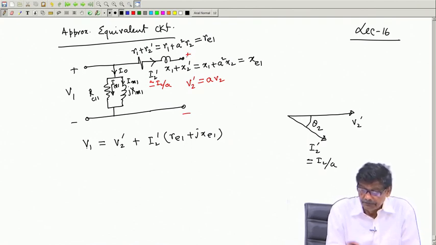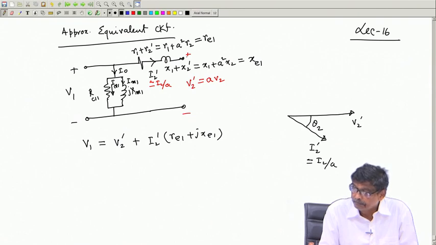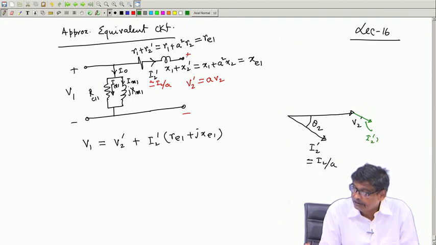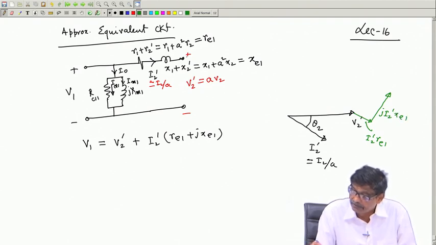Then to get V 1, you simply add these drops to V 2 dash. So, this will be V 2 dash plus I 2 dash R E 1 plus j I 2 dash X E 1, and you will get V 1.